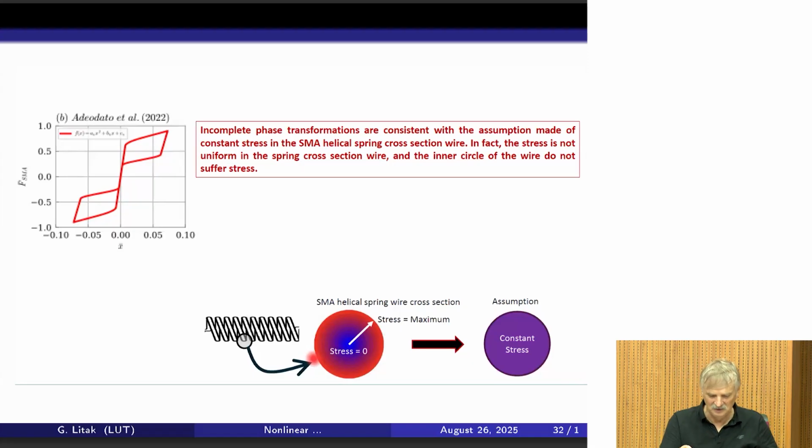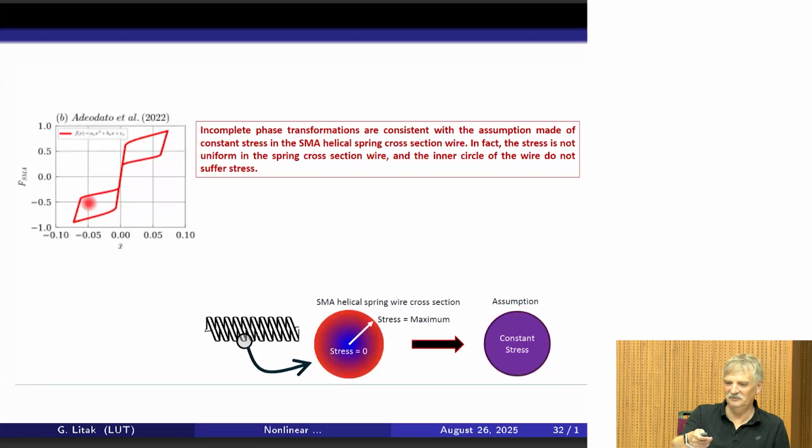If you look here, there is also hysteresis for the same temperature. I have another answer, because if you have constant temperature, then the phase change could be with respect to the stress.